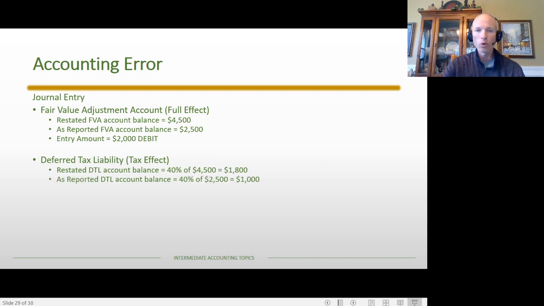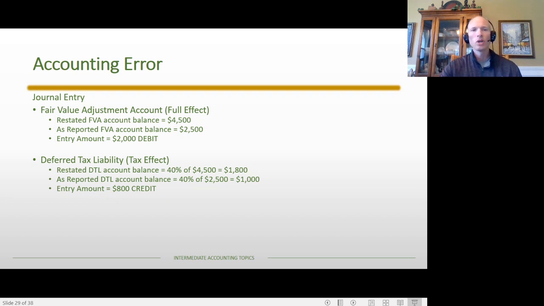The as-reported balance, of course, is 40% of the original difference of $2,500 or $1,000. And so you can see that we ought to have reported a DTL of $1,800. We actually reported a DTL of $1,000. And so what we have then is an entry amount of $800 to the DTL, which would be an $800 credit, which is an increase to our DTL.